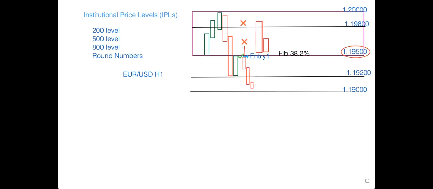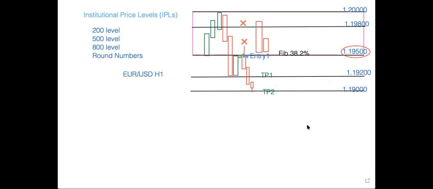So here, when I was entering into this trade, I could set the first TP at 0 Fibonacci or the first near IPL, TP1, and this one has TP2.